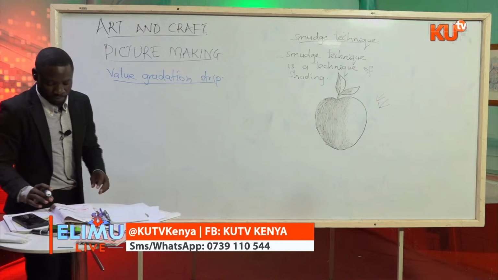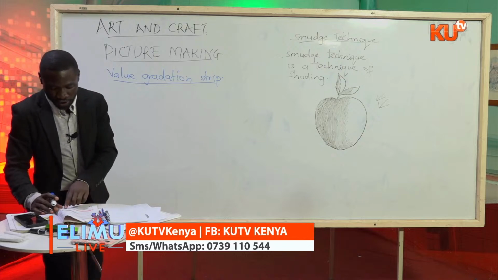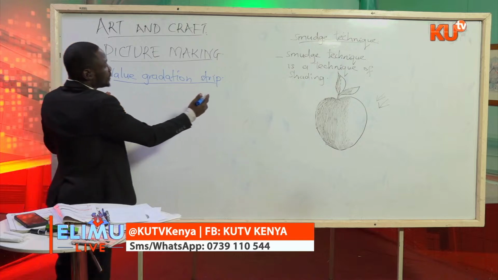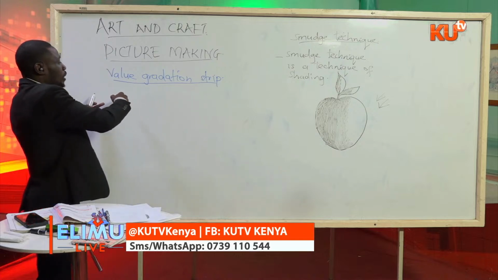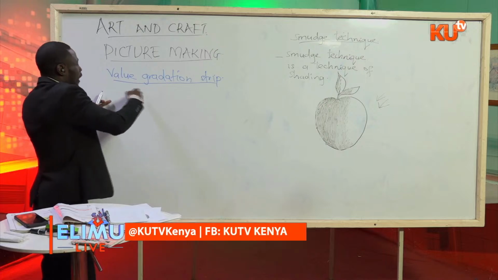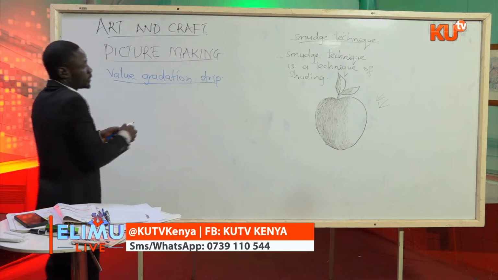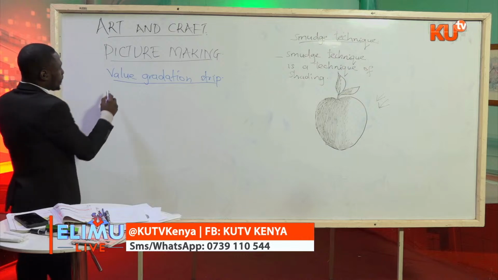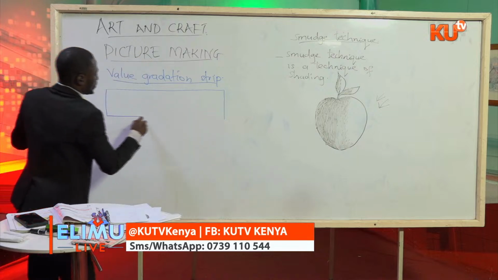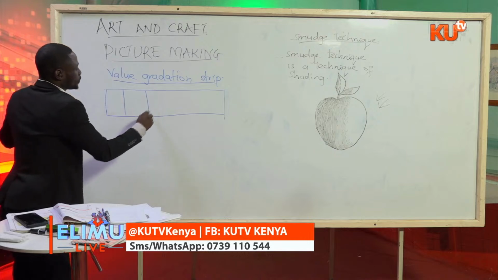A value gradation strip consists of values, or shades, that are lightest, lighter, dark, and the darkest. These are strips.